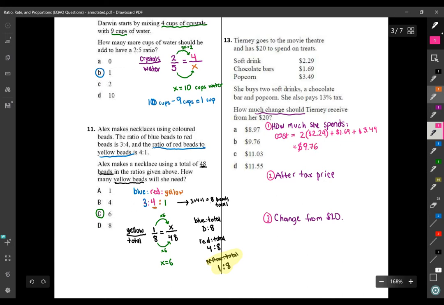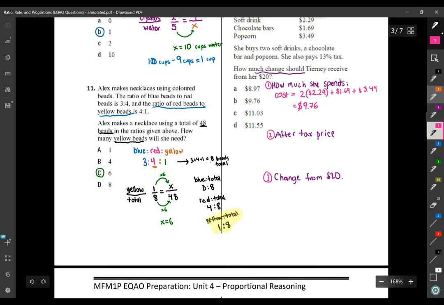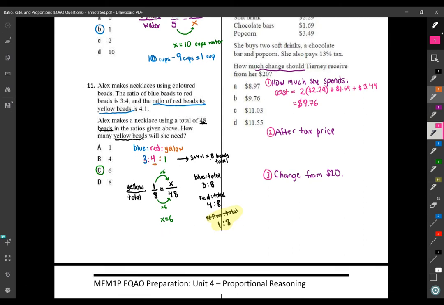Now I need to find the after-tax price. Here our tax rate is given as 13%, so I need to know what is 113% of $9.76.